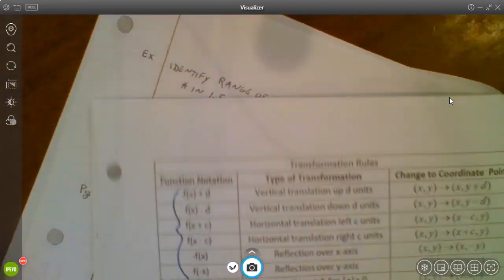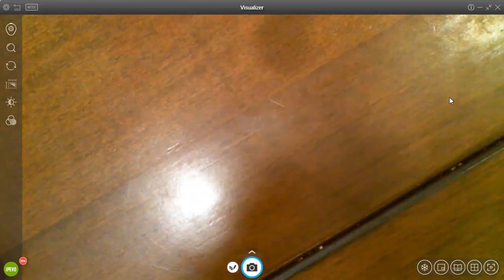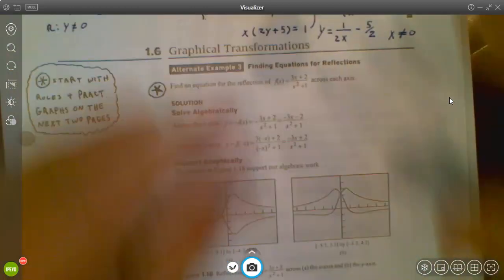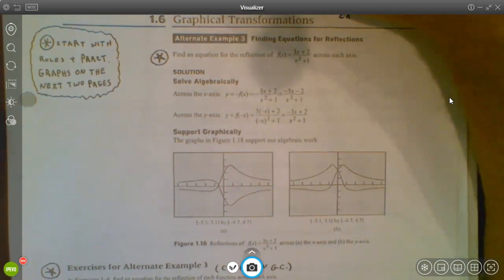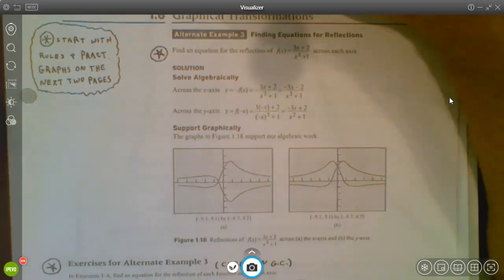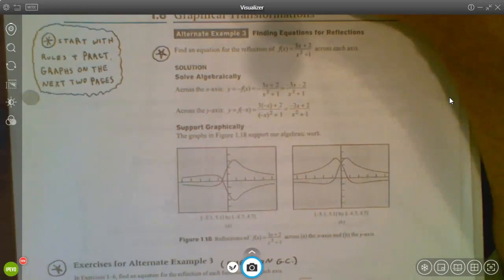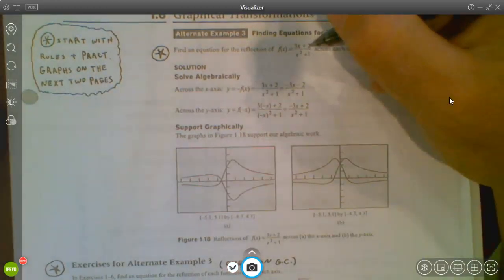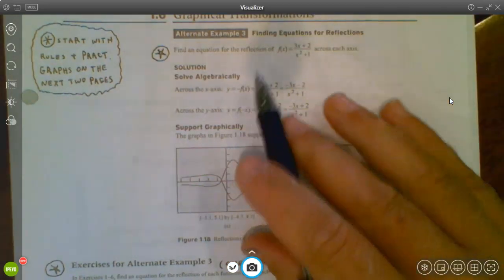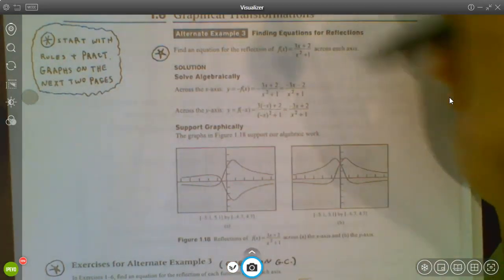Let me go back to the first page. So we can get into some of these here. So on this first one, what they wanted you to do is they're saying, okay, here's the original. What would the new equation be if I wanted a reflection of this over each axis?